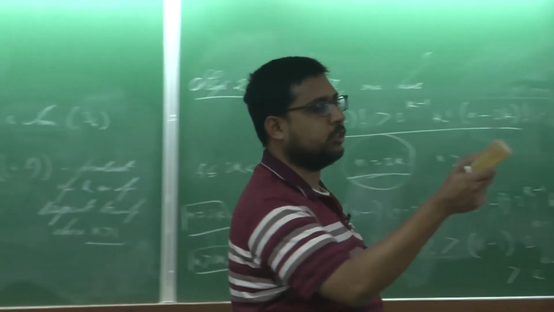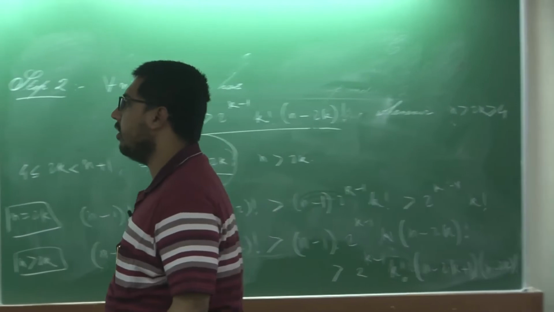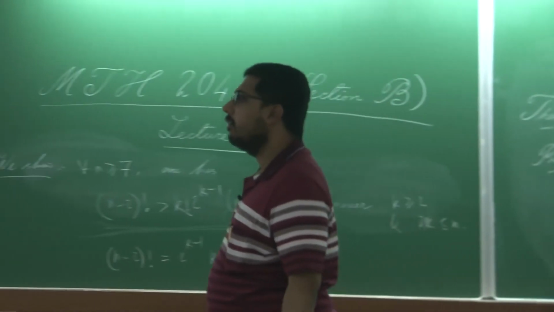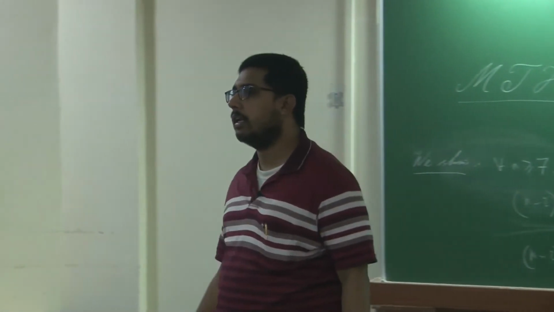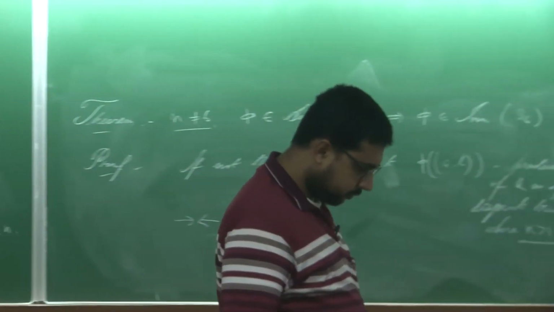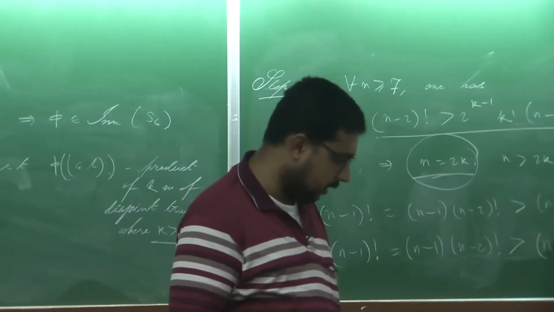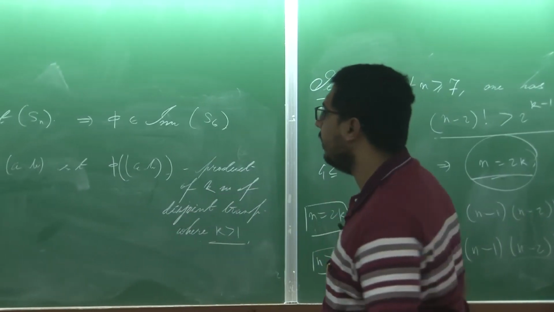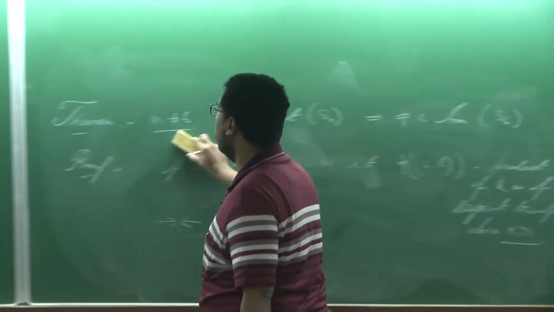Thus, corresponding to every permutation of Sn, you get an automorphism of An. Then you can show that no two permutations of Sn give the same automorphism of An. That is not difficult to show.